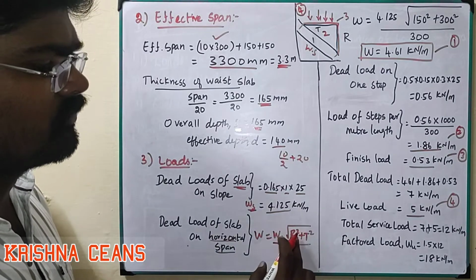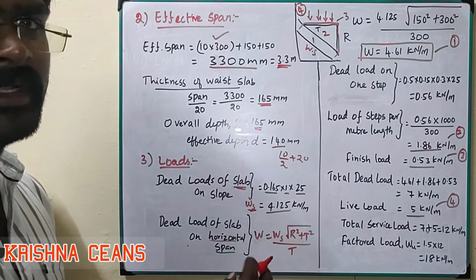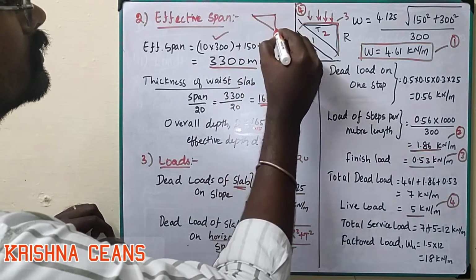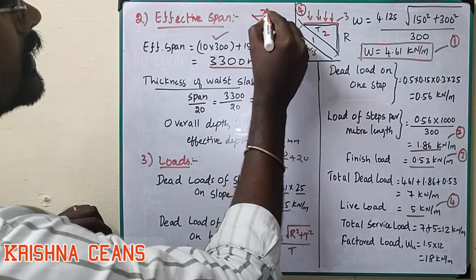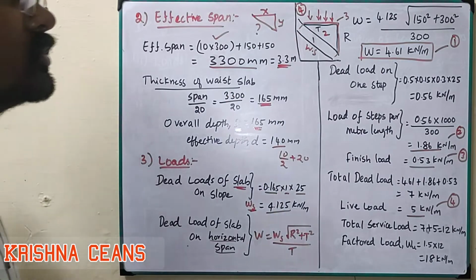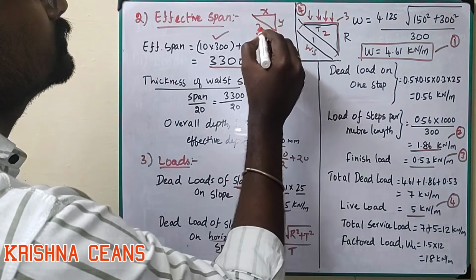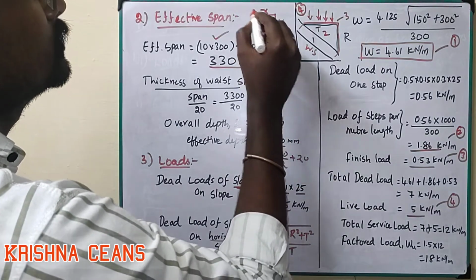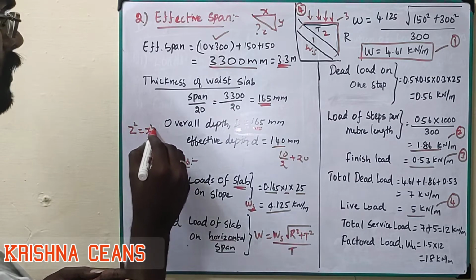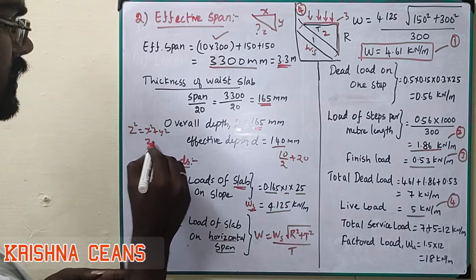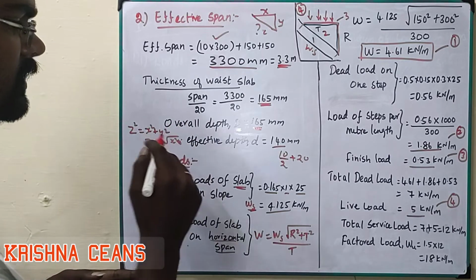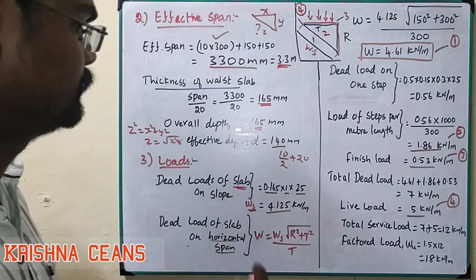So square root of r square plus t square divided by t. So x plus y, here what is the exact distance. So we can easily find it out. This portion we consider as z. So z square equal to x square plus y square. So z equal to square root of x square plus y square. So like that we will easily calculate it.